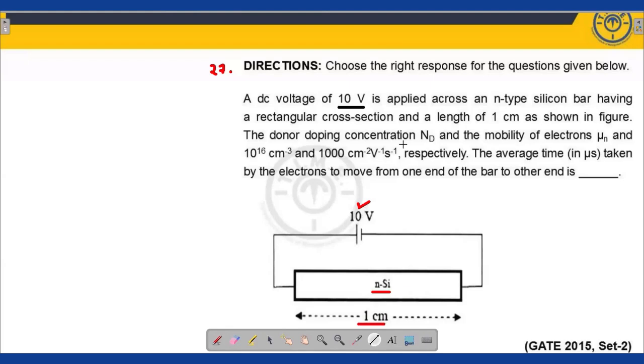The donor doping concentration ND and mobility of electrons are given respectively. The average time taken by the electrons to move from one end of the bar to the other end. So he is asking for the time that is taken, my dear students, to move from this end to the other end.